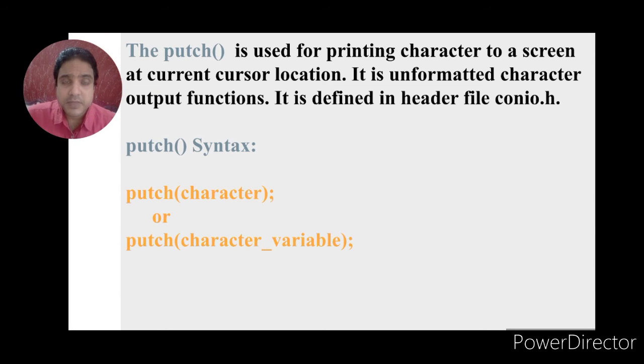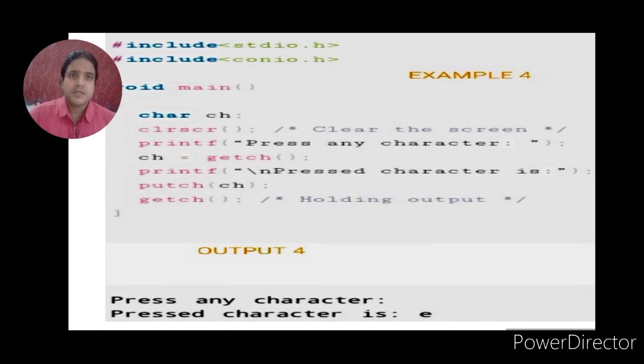putch is the counterpart of getch, where getch is used to receive the character from a keyboard. It is used to print the character value only to the screen. It will work to print the character only. The syntax is putch in brackets, character or character variable. Here the example is like that.